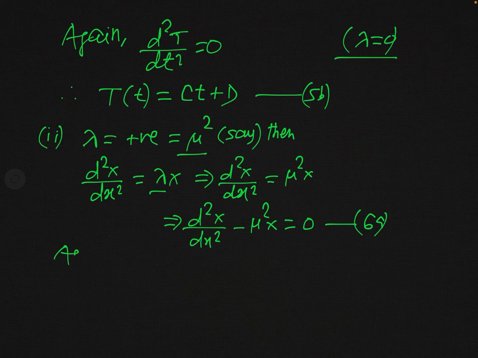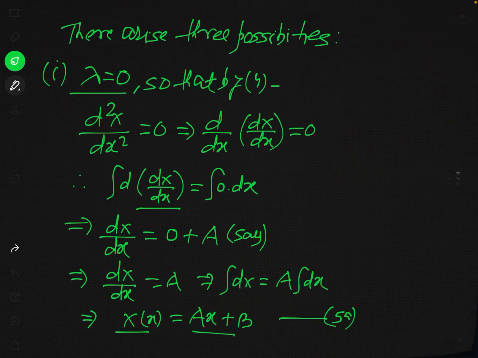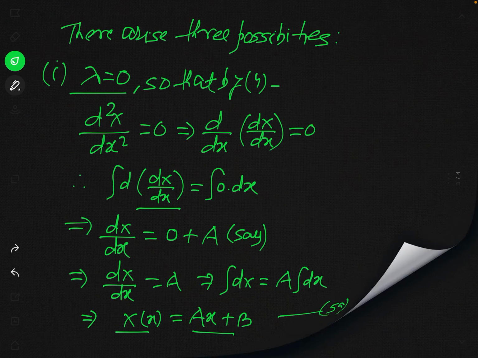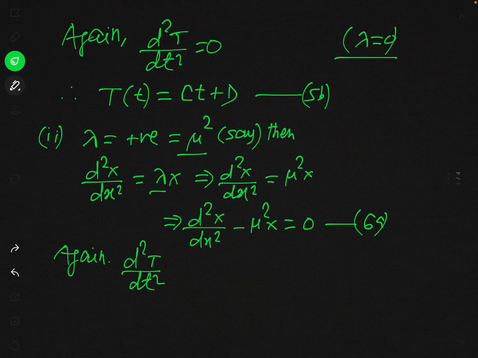Again, we will write d2t by dt square. You have seen that this d2t by dt square is equal to what? This is in fact equal to v square t times lambda, and I have considered this lambda as mu square. So let us put this lambda equal to mu square.